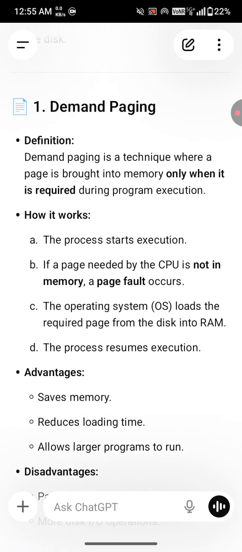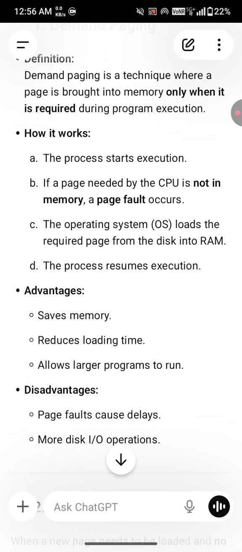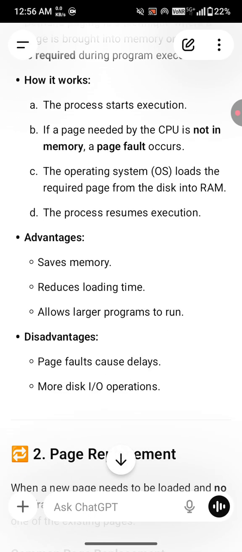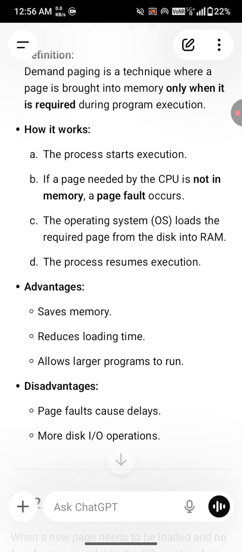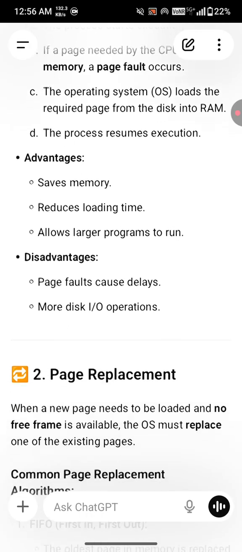Advantages of demand paging: saves memory, reduces loading time, allows larger programs to run. Some disadvantages: page faults cause delays, and more disk input output operations.